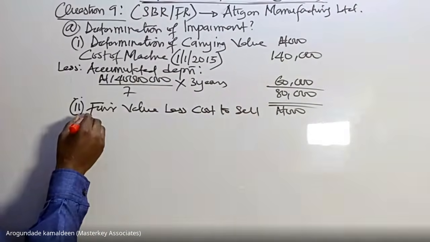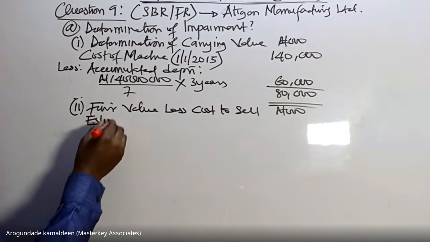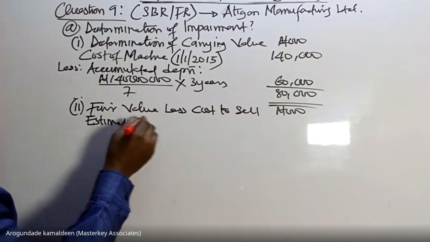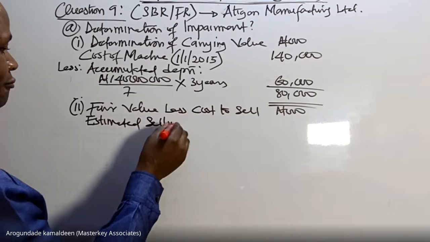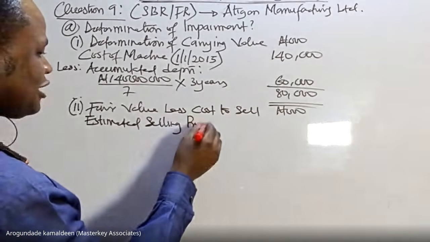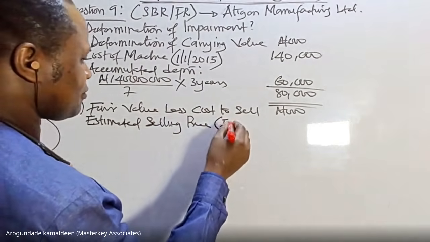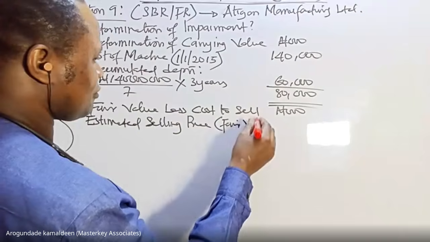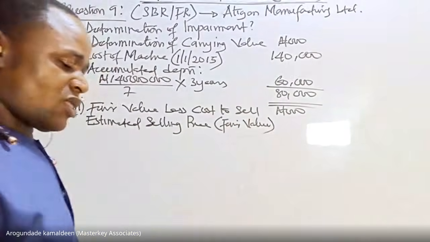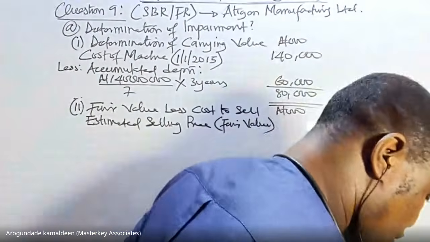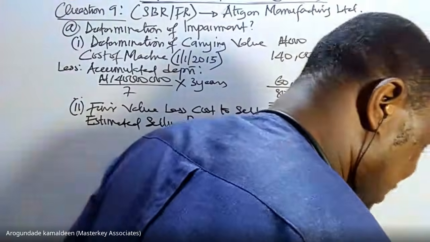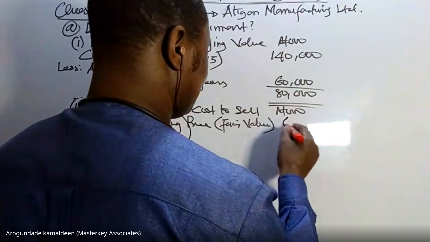So the estimated selling price is how much? Is 60 million, Abi?